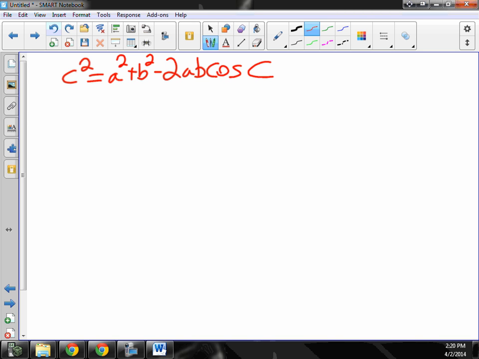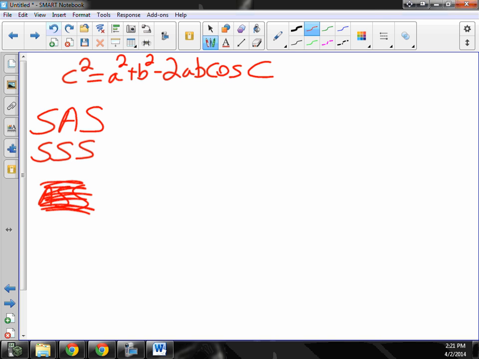When does the law of cosines work? You have two choices, side angle side or side side side. Now, technically we could do angle side side also. But it's a lot more work to do angle side side with the law of cosines, so we just don't do it at all. So we're going to erase this.